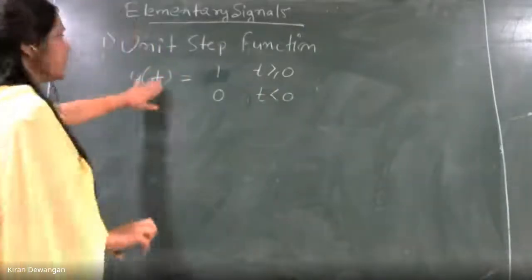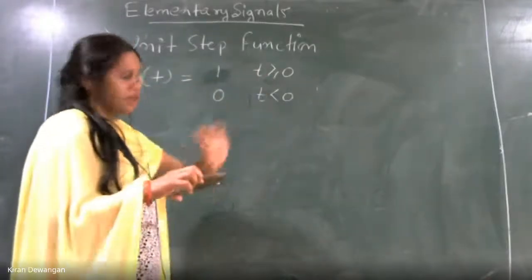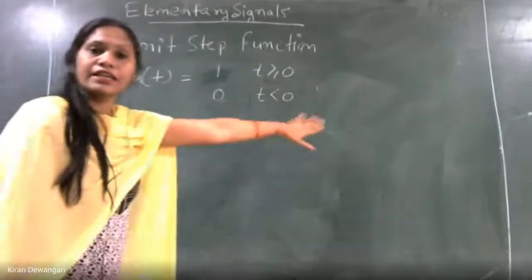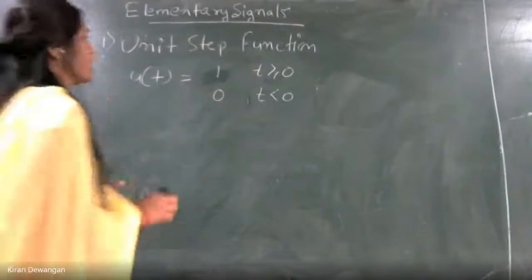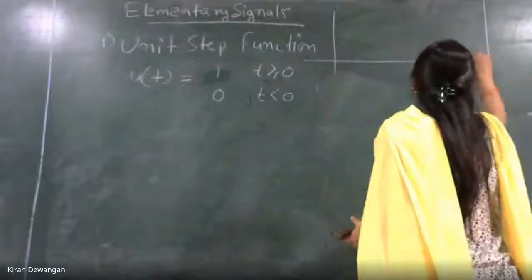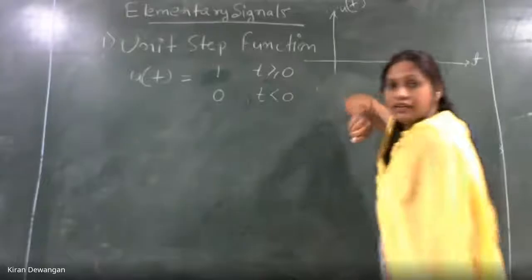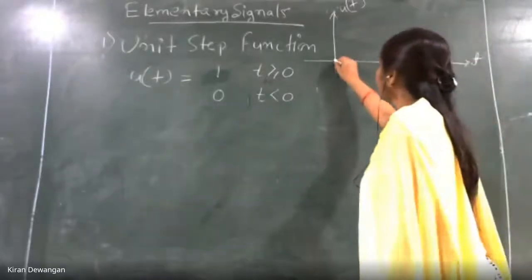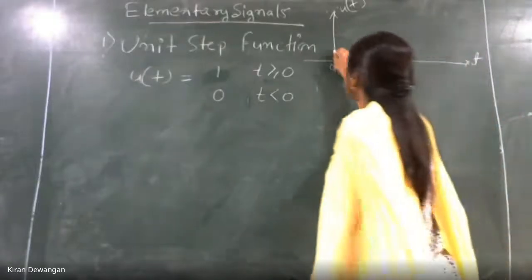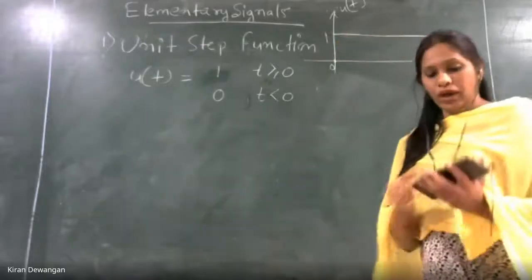If we have to plot it, this is our t axis and this is our u(t). At this point, the t value is 0, and it starts from here and continues. The value will be 1.